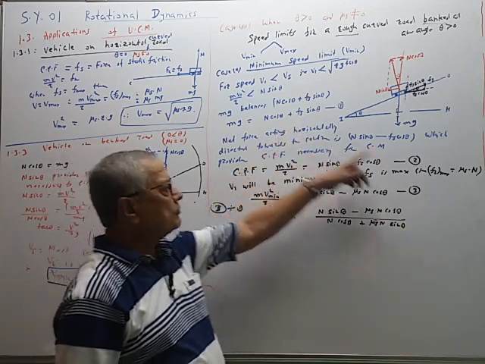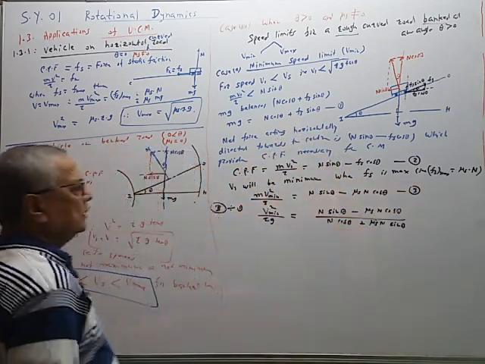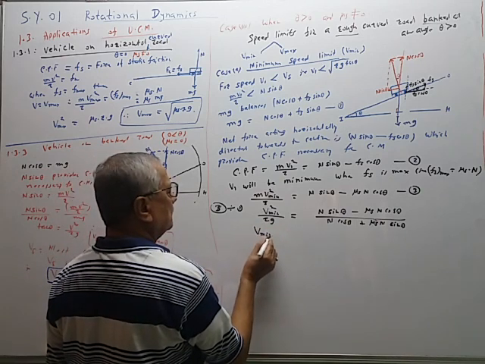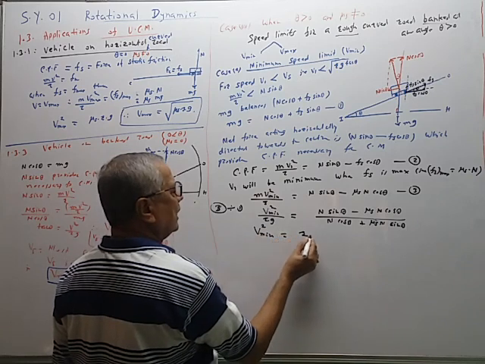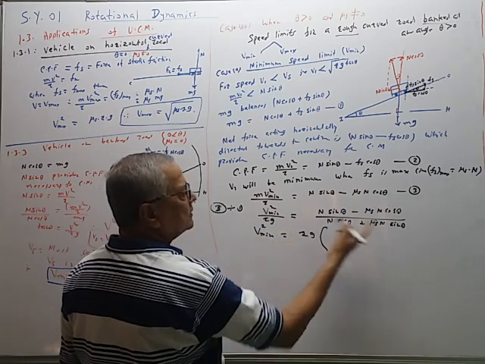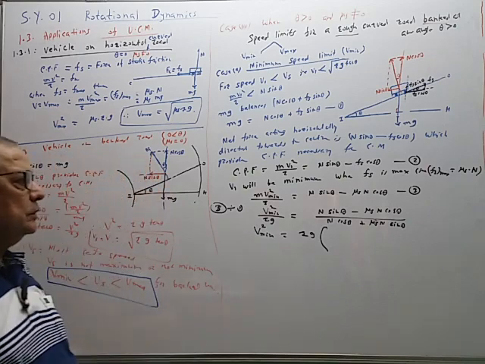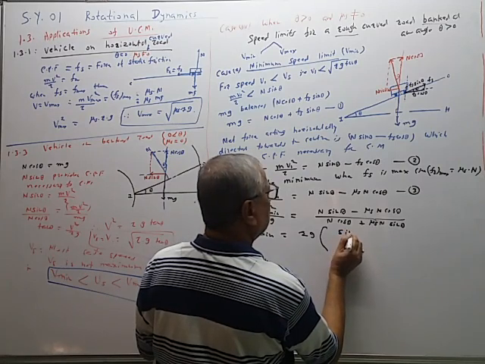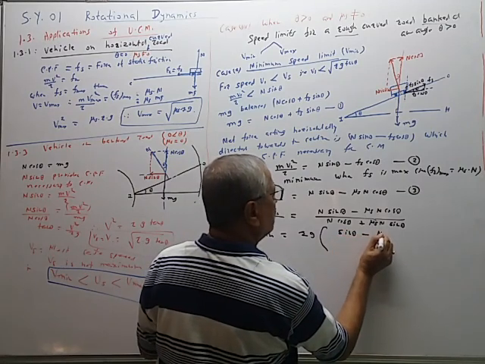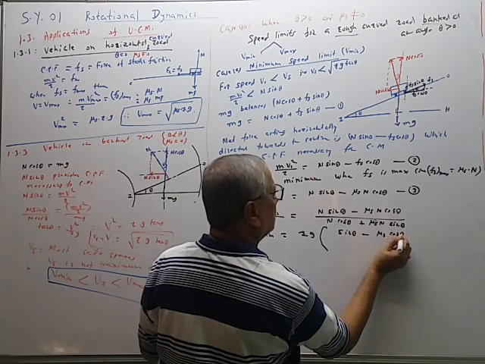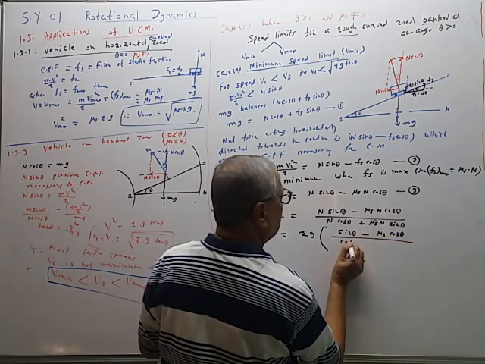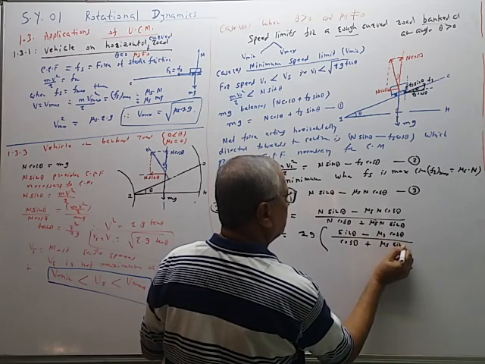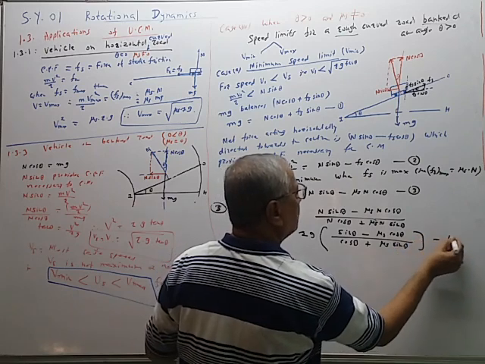In both equations we put the value of Fs max like this. So v minimum square is equal to r g into bracket. Now N will get cancelled in all the terms, and therefore sin theta minus mu s cos theta upon cos theta plus mu s sin theta. So this is the equation.